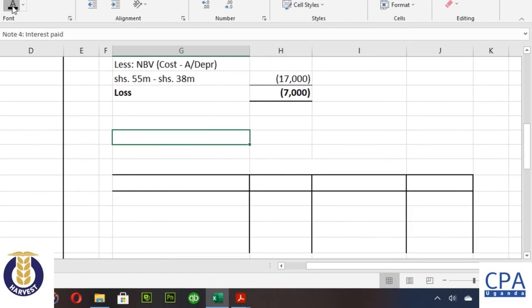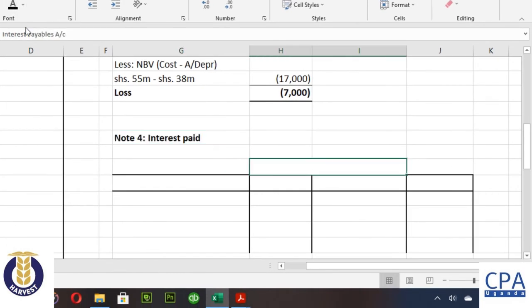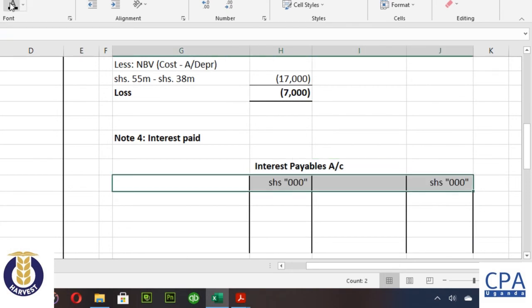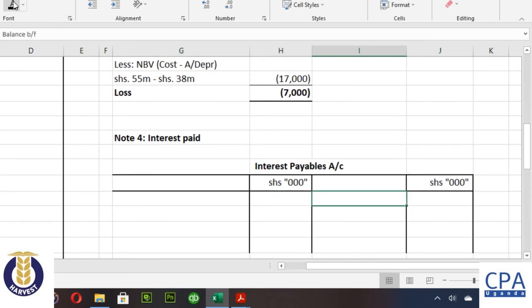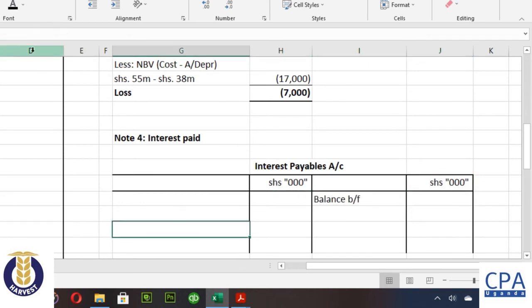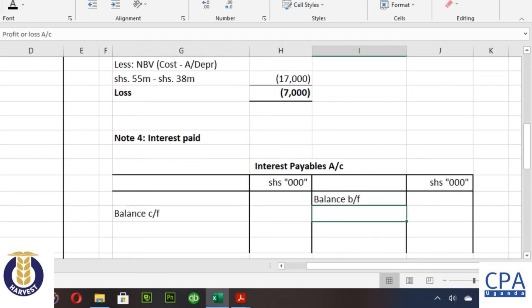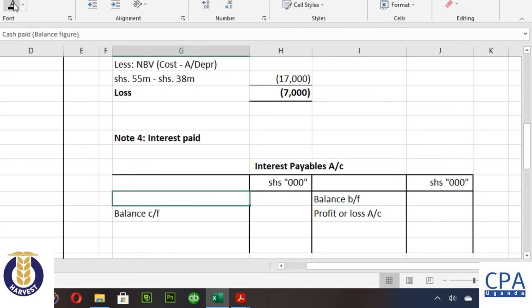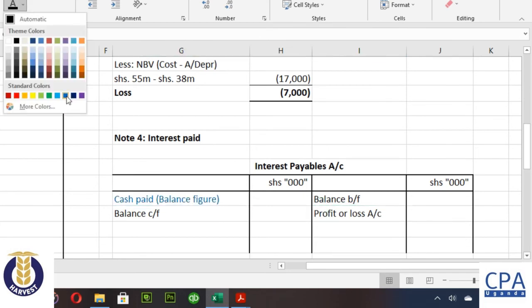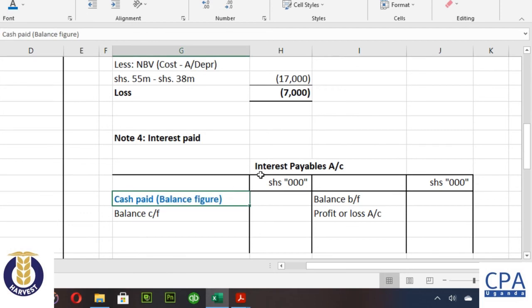I'll share with you my note number 4 for the interest paid. The interest paid, as I've mentioned, because it is a liability and because it is accrued, I need to reconcile between the opening and the closing balance, then I have the charge for the year, and then the balancing figure is the figure I'm going to take to the cash flow statement.